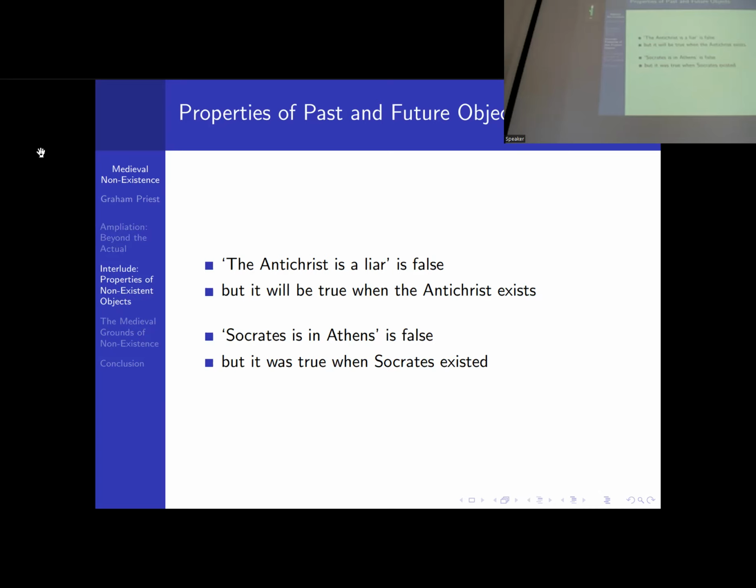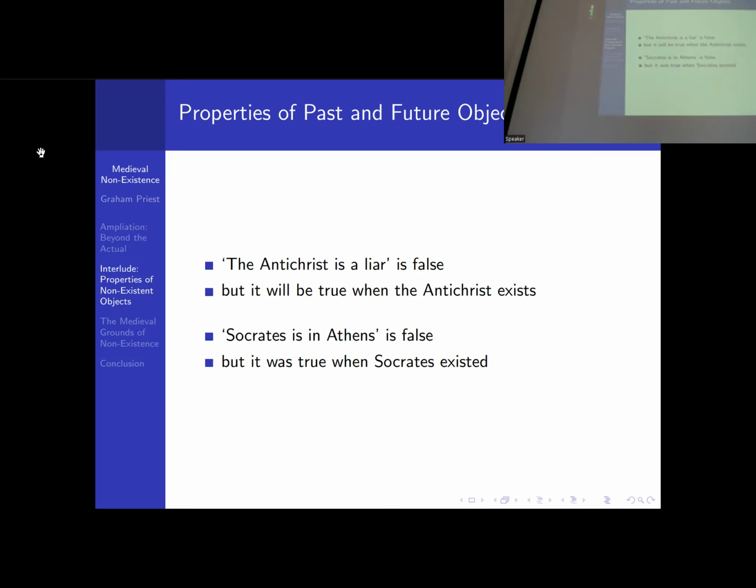But there's an obvious similarity between time and modality, which many, many people have observed. So if you take the temporal solution and just apply it to modality, you get an obvious answer, namely that my third child has the property of being my third child, not in the past or the future, but in a possible world, not just a time, but a possible world where I do have a third child.